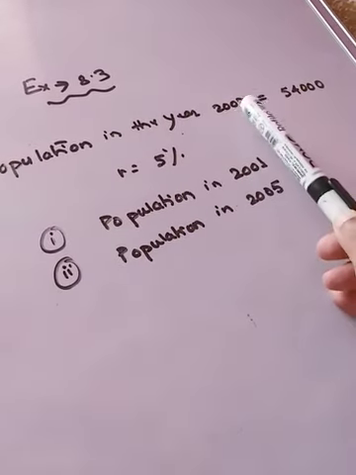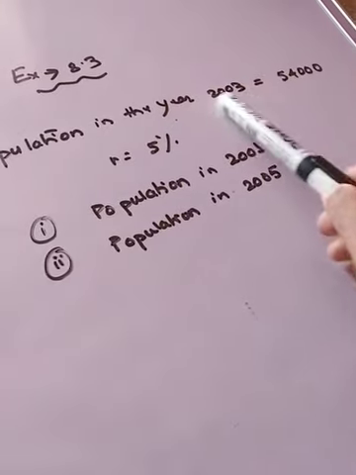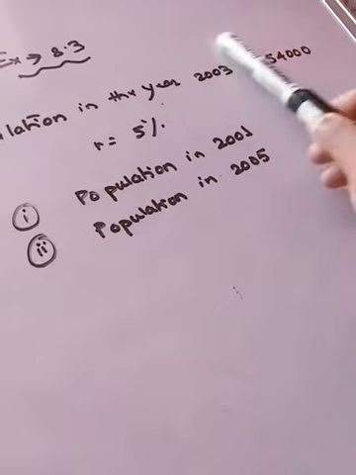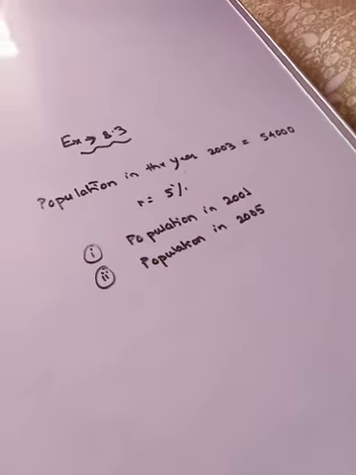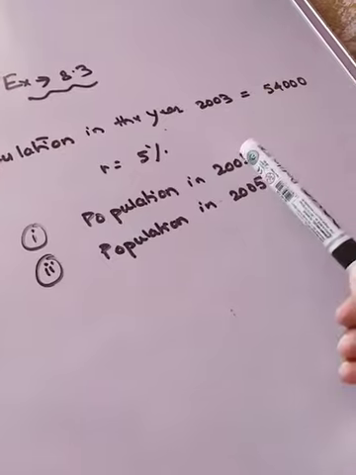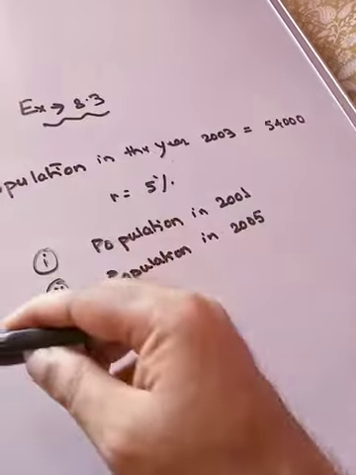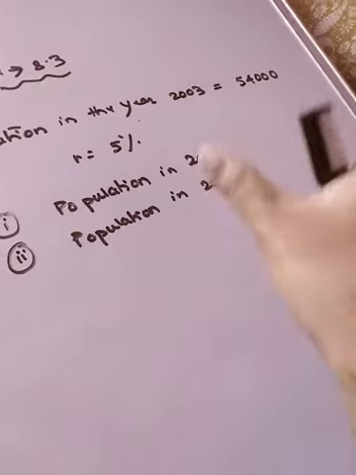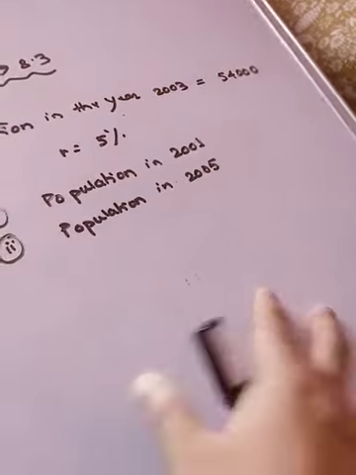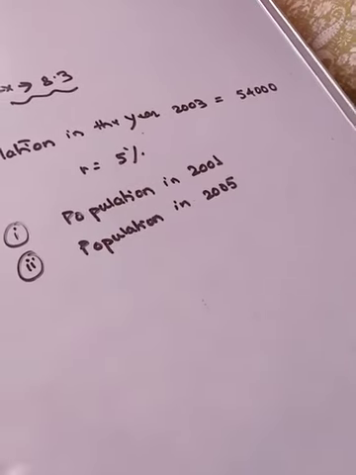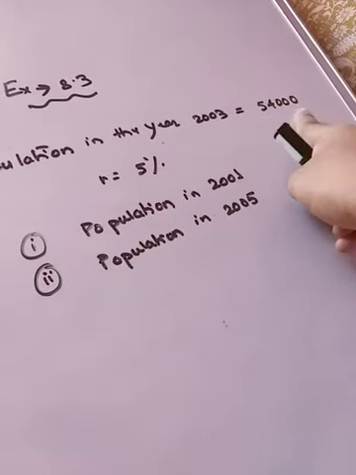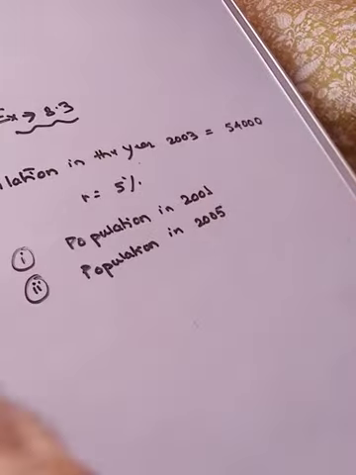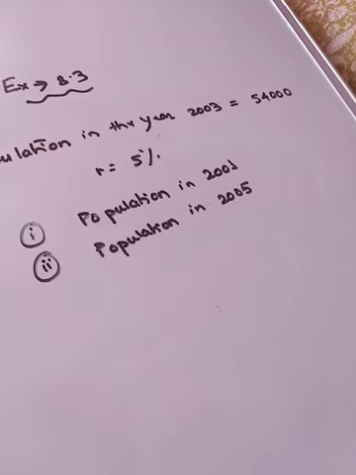Now you see, the details of the 2003 population are given, and they are asking what the population was in 2001. So we have to go back. When some present fact is given and some previous fact is being asked, then the present fact will be considered as the amount, and the previous fact, which they are asking, will be the principal.